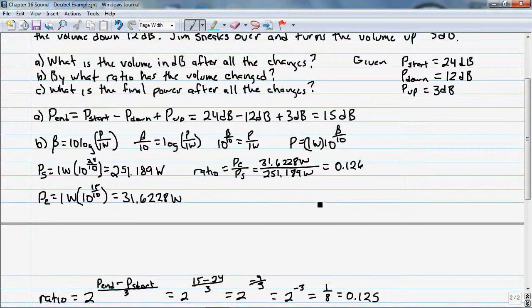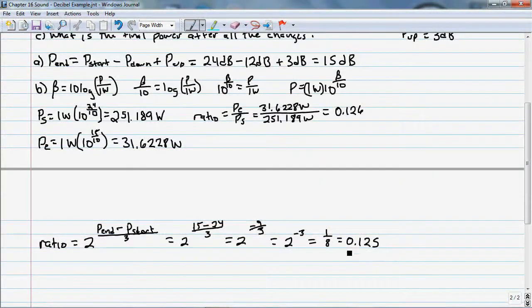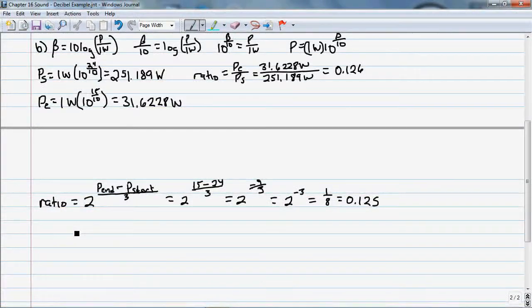But the fastest way I found the ratio was with this 0.125. So I can just take the power at the start and multiply it by 0.125.